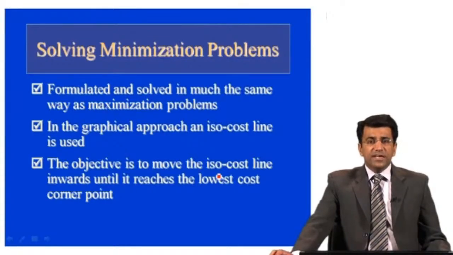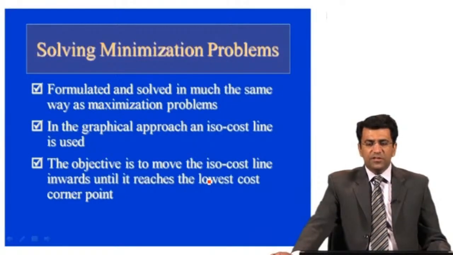But if we are interested in the minimization of cost, then again we will take some hypothetical value for that cost function, and then we will try to move it inward rather than outward, as was the case with profit maximization.